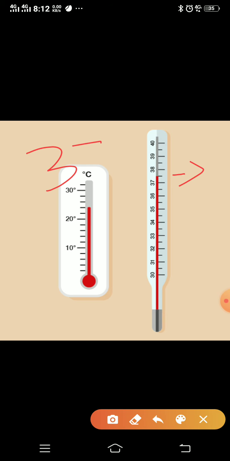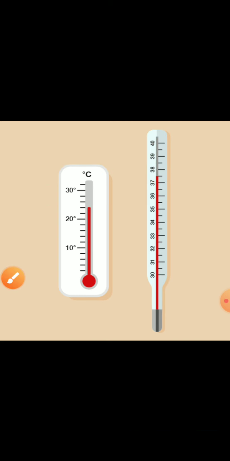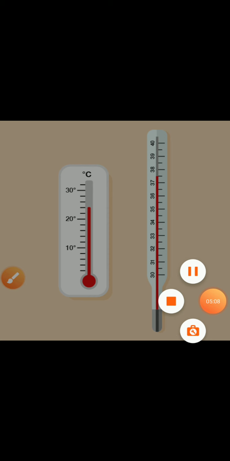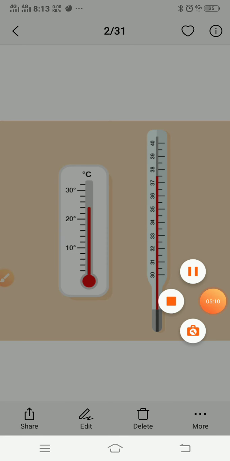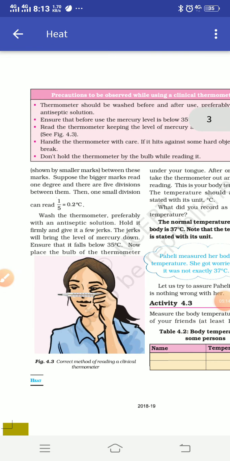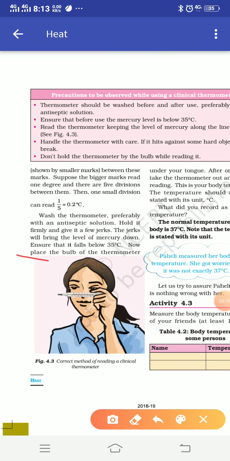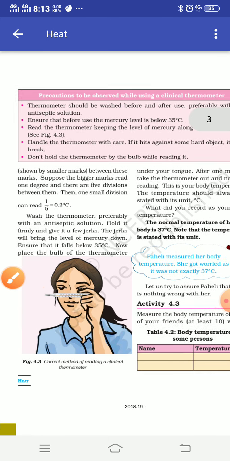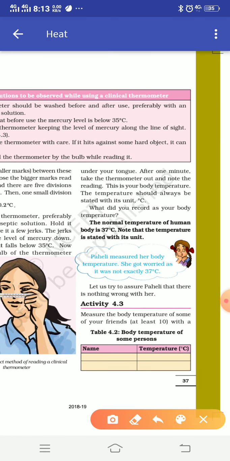37.5 degree temperature. So this red line is indicating the mercury. Now how do you take the reading? Place the bulb of the thermometer under your tongue for a few minutes.